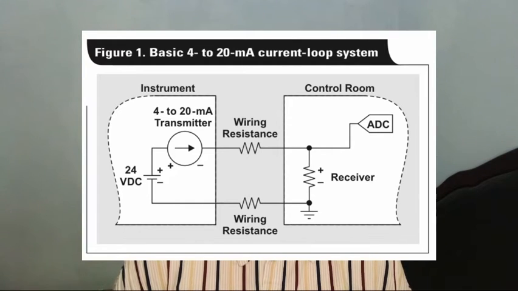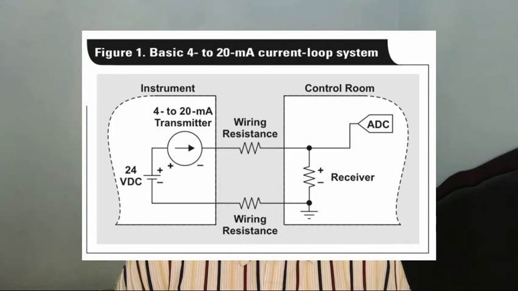Most importantly, the relatively large voltage drops permitted across the wiring allow a large amount of wire to be used. This allows physical separation of the instruments being measured and the control room that processes the measurement, providing safety to those in the control room.